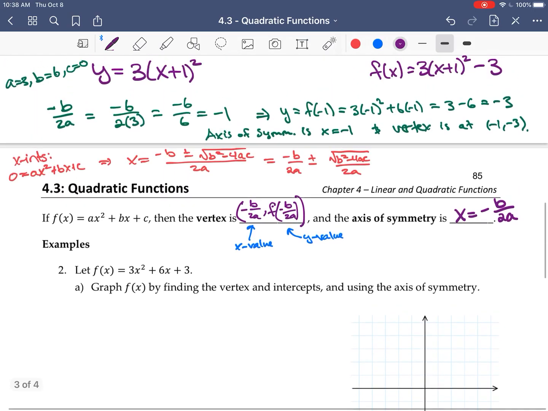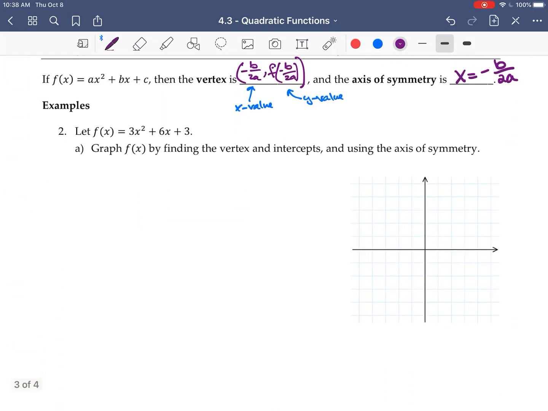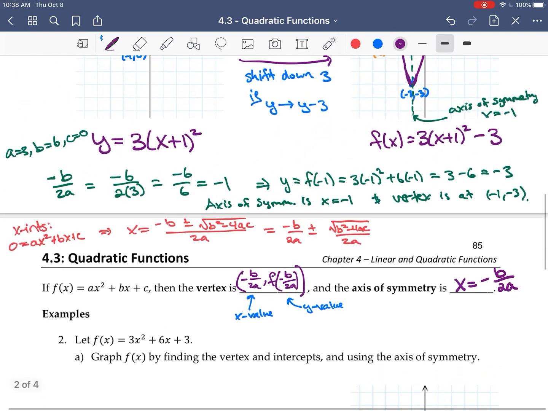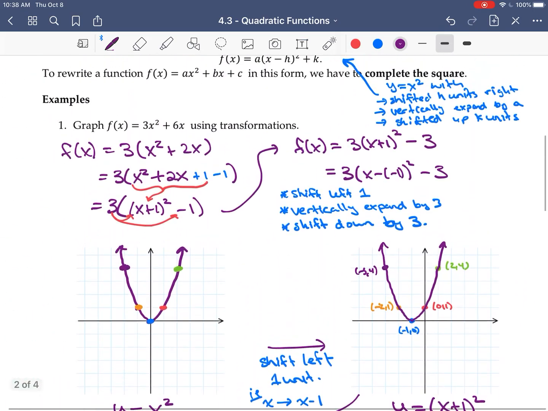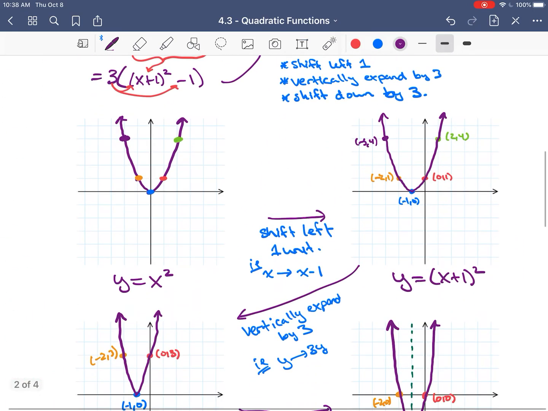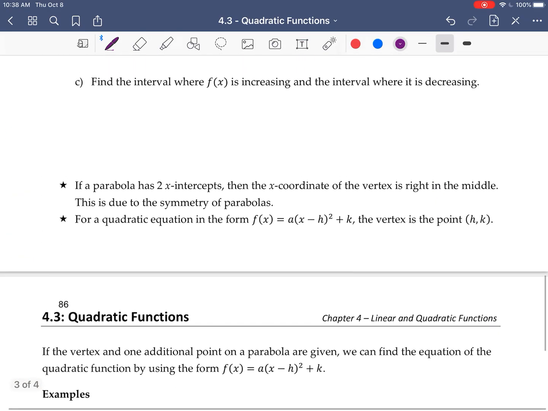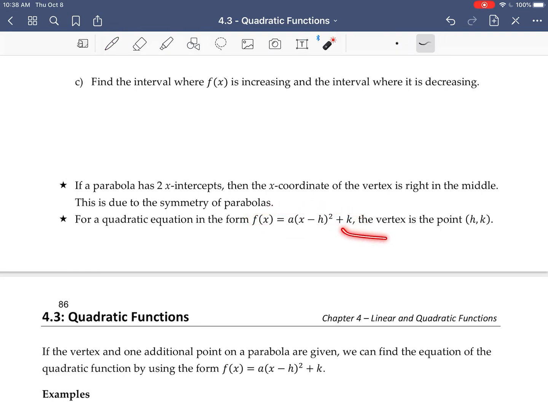Now, the reason I talked about that is because I'm going to skip example 2 and leave that for you to try. So you can use the formula if you want, so you don't have to complete the square. Although if you do, you can actually see the vertex. It says it right down here: if you put it in this form, then the vertex is given right away.